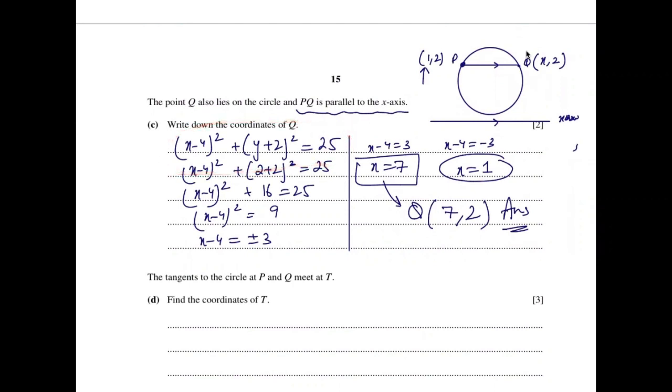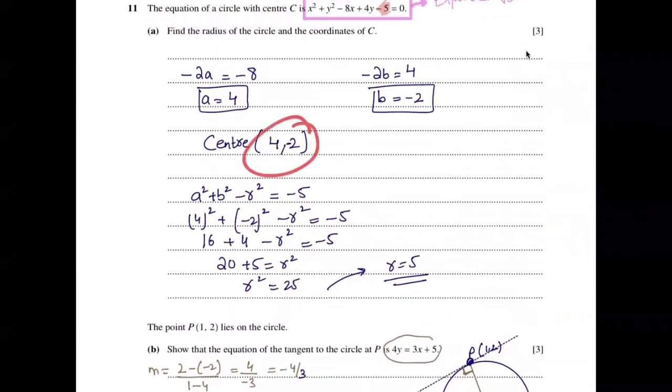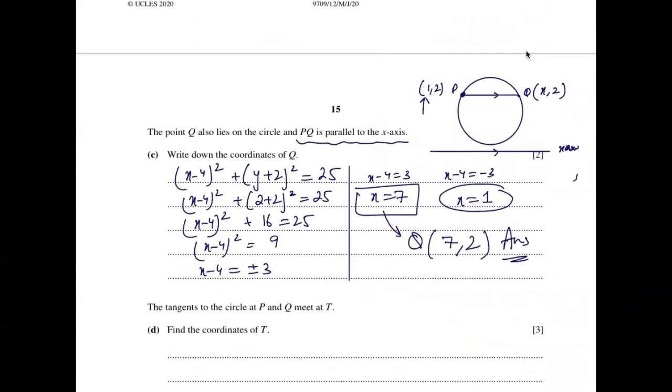I made the completing square form myself because I know that the center of the circle was 4, minus 2 and the radius was 5. So the equation of the circle in the completing square form is going to be this. Then I plugged in y as 2 and calculated x. There were two values of x coming out. I know one can't be the solution because it represents the coordinates of P. Point Q's coordinates are going to be 7, 2. Is that clear, Hassan?